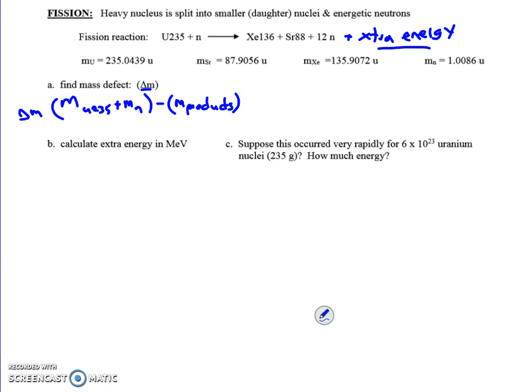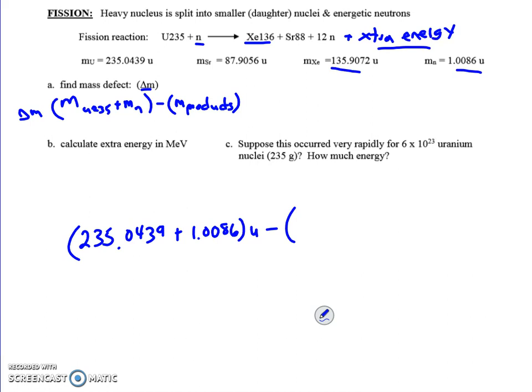What this would be is I've got the mass of U-235, which is 235.0439, plus the mass of a neutron, which over here is 1.0086 U's. I'm going to put parentheses around that. Minus my product. My first product is xenon-136, so its mass is right here.